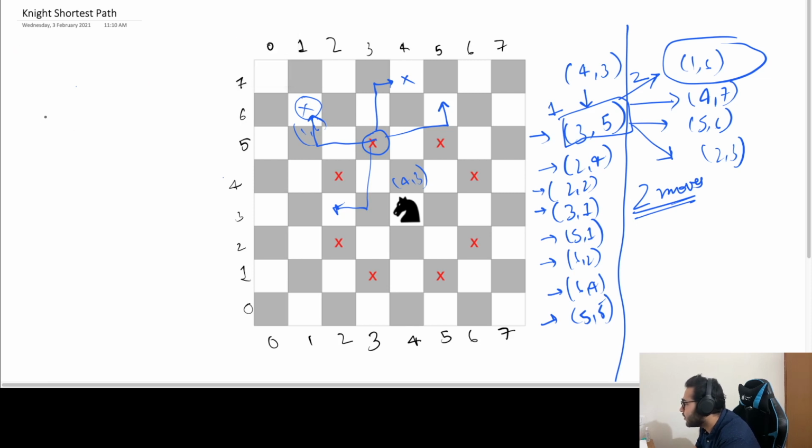Okay. So now let's say we start at 4 comma 3. For all the points that we discussed, x plus 1, y minus 1, for all those 8 coordinates, whatever is possible, we put them in a list, simply. So suppose it was 3 comma 5, then we had 2 comma 4, and so on in this list.